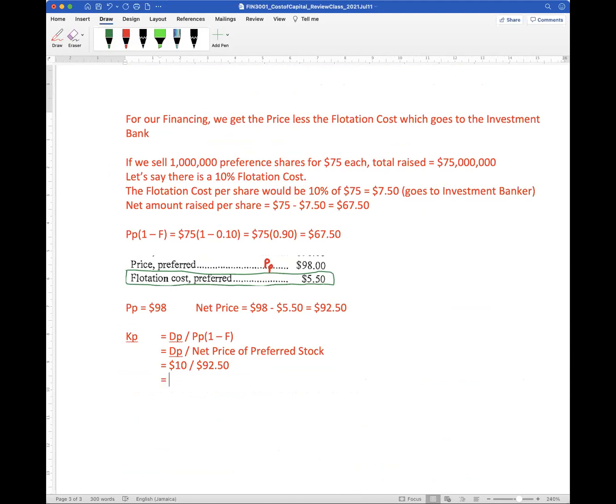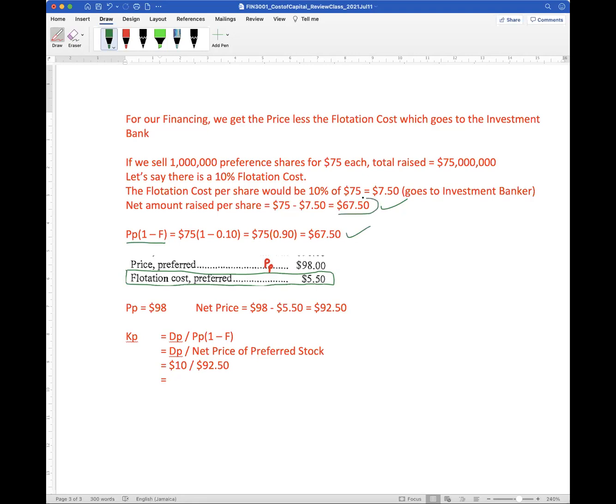All of this is just pointing out that how we calculate the net price is different depending on whether we get a percentage or a dollar value. If it's a percentage, then we could work out the dollar value and subtract it, like we did up here, or we could multiply by 1 minus F like we did here.